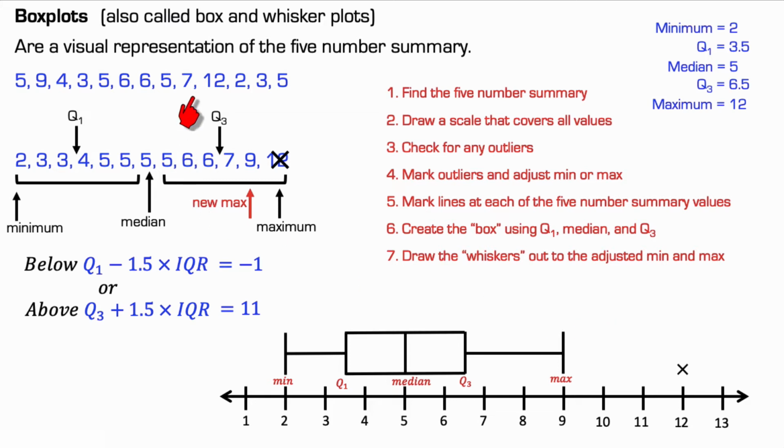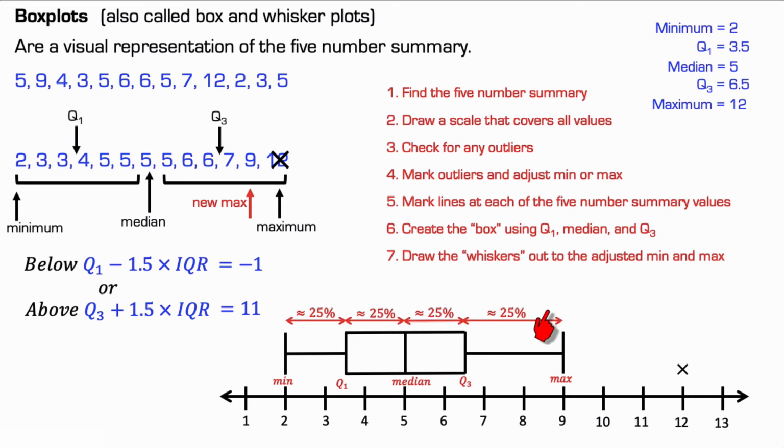A couple of things I'm just going to point out on this box plot is each of these sections, from the minimum to Q1, this section, this section, this section, there's 4 sections between vertical lines, and they each represent approximately 25% of our scores. So the bottom 25% of scores would sit between the minimum and Q1.